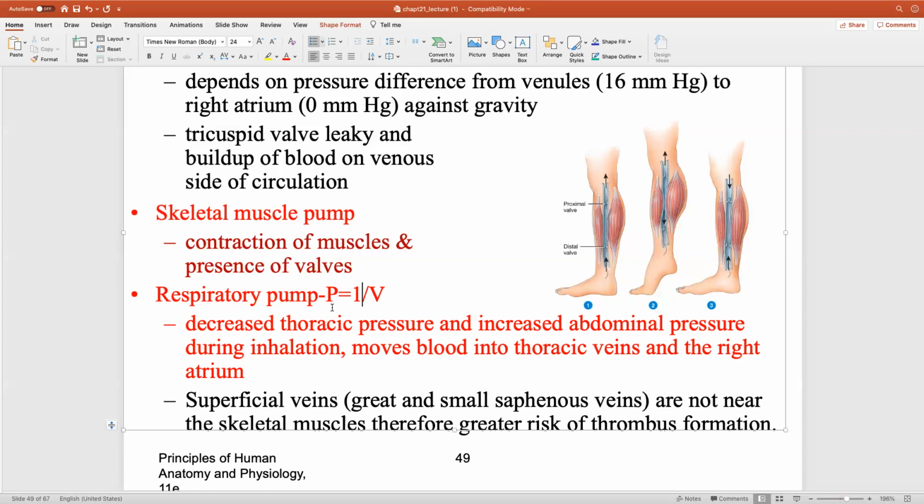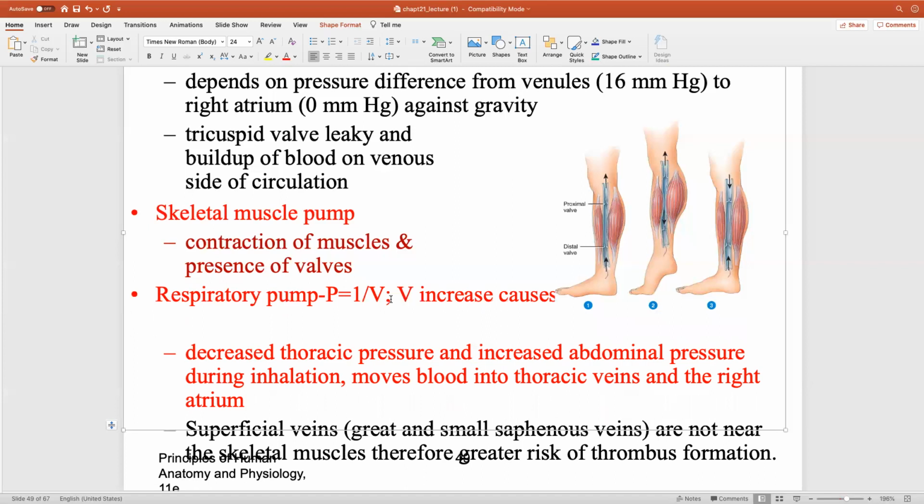What else happens? When you take a deep breath, your thoracic cavity size increases. As your thoracic cavity increases, since there's an inverse relationship between pressure and volume, as the volume increases, it will cause a pressure drop. And that's what we will see.